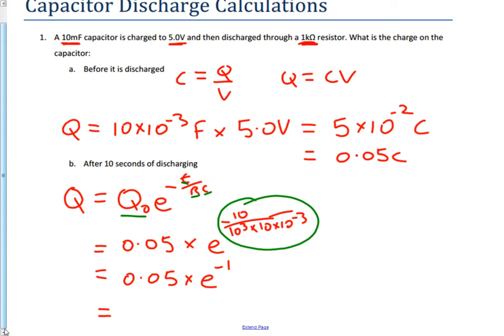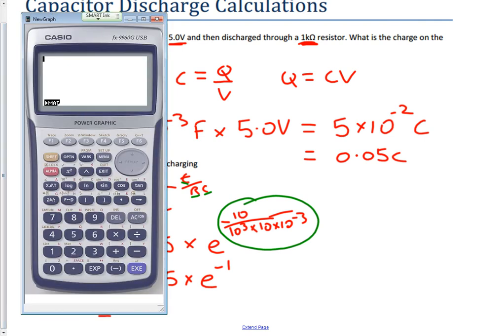Now, to work that out, you probably are going to want your calculator. You might be able to do it without, but we'll use a calculator. So I'm going to do 0.05 times, can I even see where it is on this?